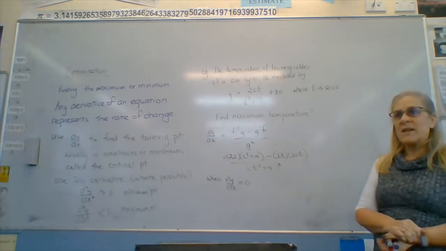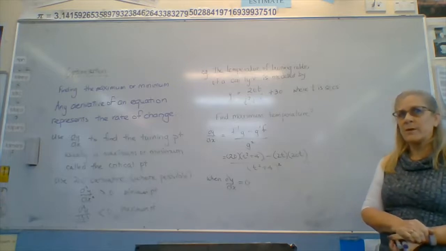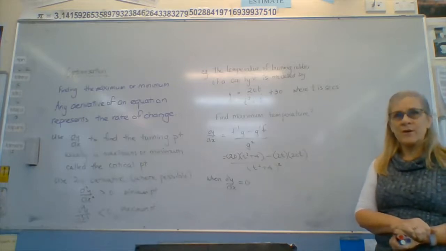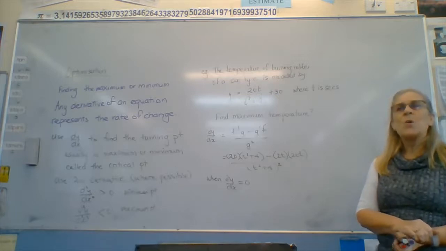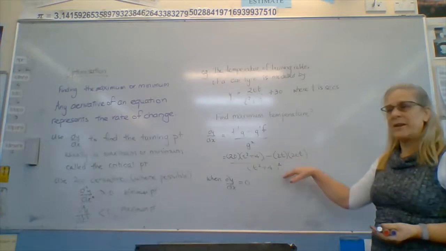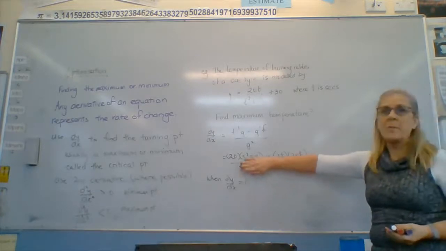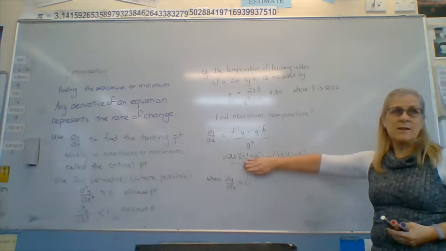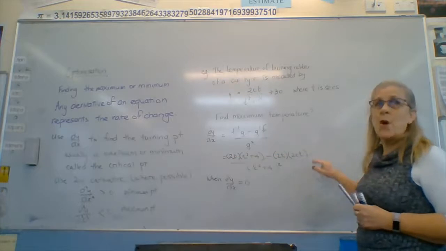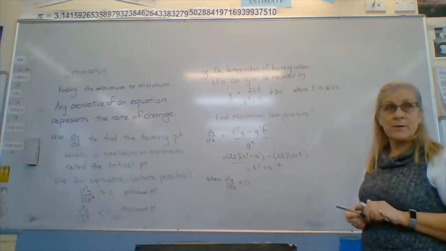If you understand how fractions work. So when is a fraction equal to 0? When the numerator is equal to 0. So we can just forget the denominator, making this actually quite easy. That's not even a part of our discussion. We're only solving the top, because 0 over anything is 0.